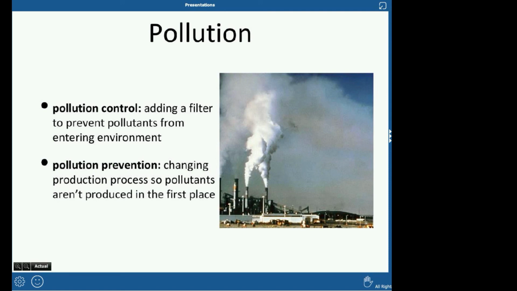Well, in order to prevent this lead pollution, you could just stop making lead-based paint and use something else to do paint, right? And then you won't have that pollution in the first place. So obviously the preferred method is just to use something else. But when there is no other option, or we haven't figured out one, or the company just doesn't want to, you can always do some sort of pollution control instead.